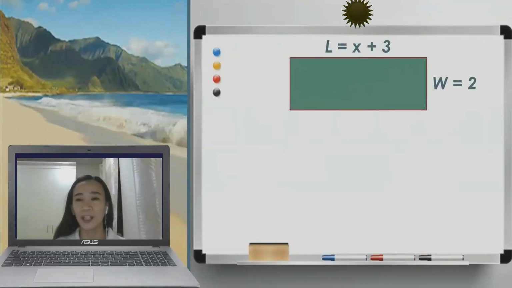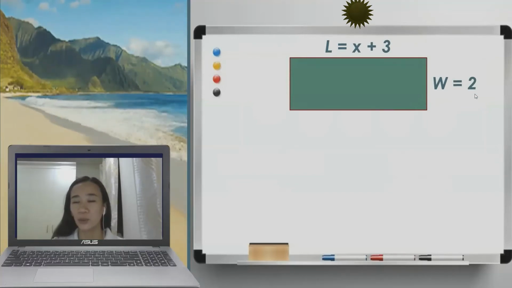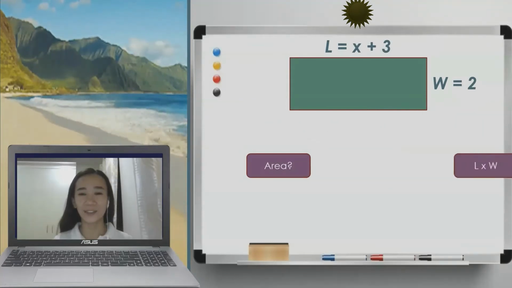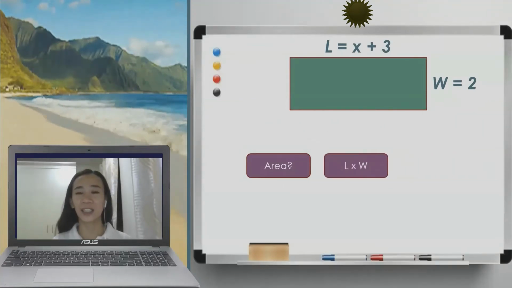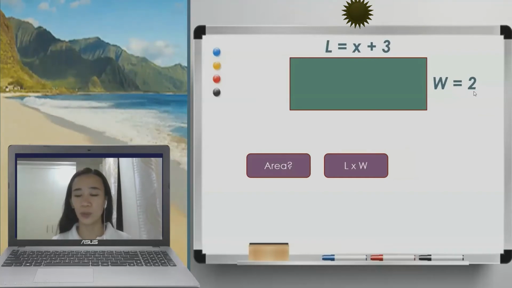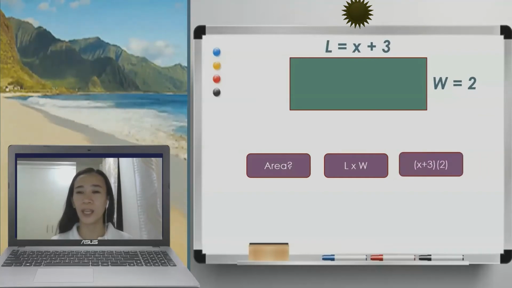And here we have a rectangle, and the length of the rectangle is x plus 3 and the width is 2. So, can you recall how we can find the area of a rectangle? Excellent! To find the area of the rectangle, we multiply the length by the width. Since the length is x plus 3 and the width is 2, it will be x plus 3 times 2.